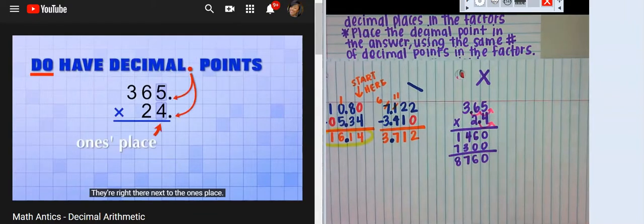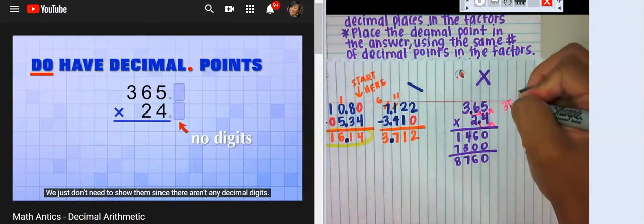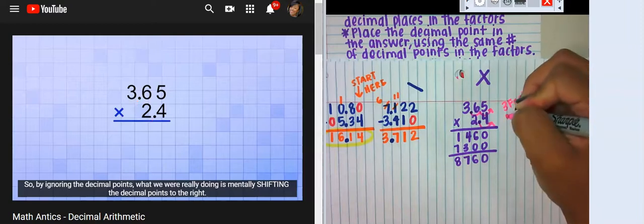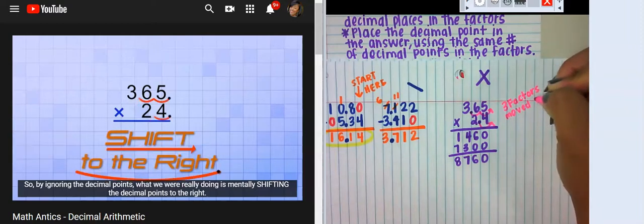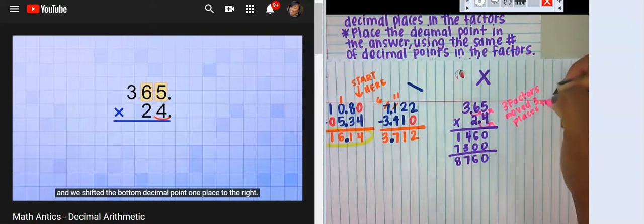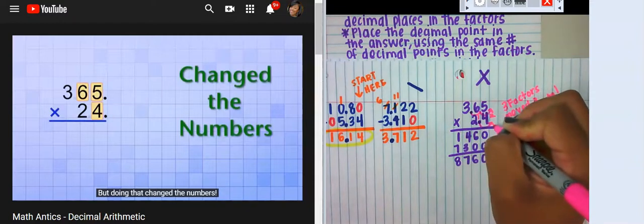They're right there next to the ones place. We just don't need to show them since there aren't any decimal digits. So, by ignoring the decimal points, what we were really doing is mentally shifting the decimal points to the right. We shifted the top decimal point 2 places to the right, and we shifted the bottom decimal point 1 place to the right.